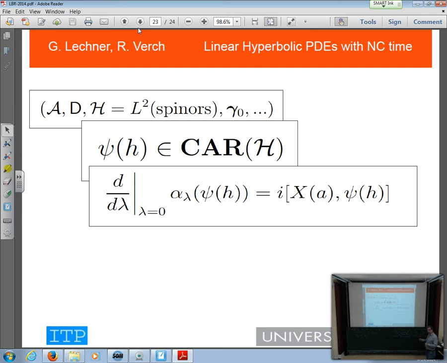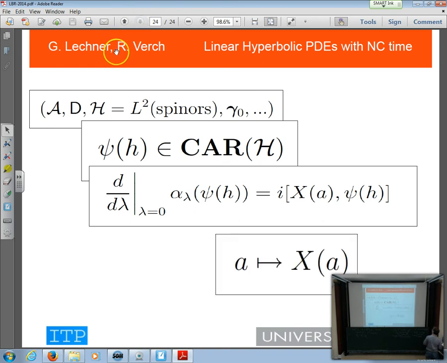You can now take them as observables depending on the algebra elements in the non-commutative algebra, which is very much the approach you take in interacting quantum field theory as well. Sometimes this is referred to as the Bogoliubov formula. And then you have this assignment, and that assignment we want to find out about.